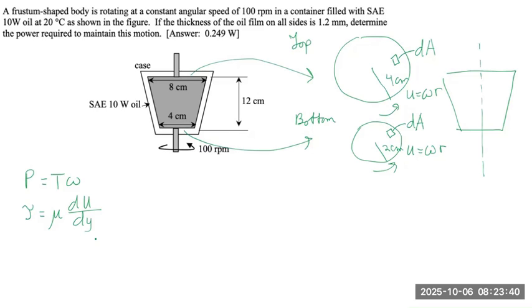So tau is the shear stress, and this is the general expression for shear stress for a Newtonian fluid. And SAE, I believe, is a Newtonian fluid.